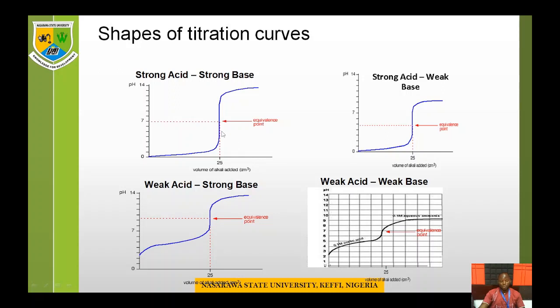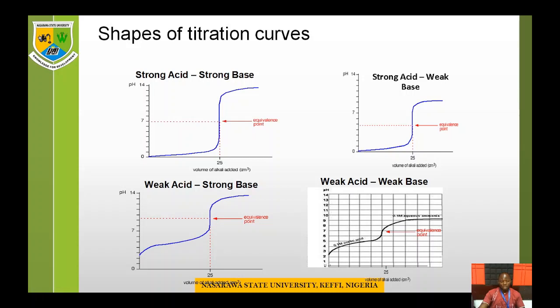So assuming you pipetted 25 cm3 of the base into a beaker, and you are running the acid through it, remember a time will come when the color will change. Immediately the color changes and you confirm that the color has changed, that point is referred to as the end point or the equivalent point.